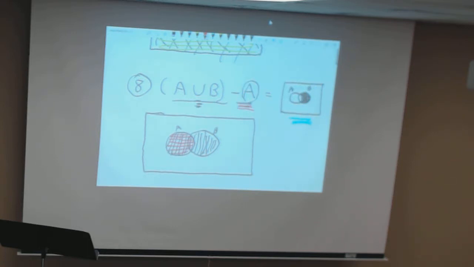See that little part I've colored in? That leaves me with all of this. Let's go to blue, since that's the blue line. So what does that leave me with? That leaves me with all of this right here. That would be the union of A and B minus A. Everybody follow that?